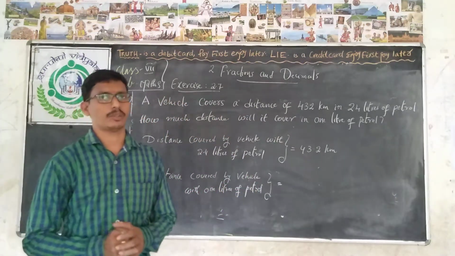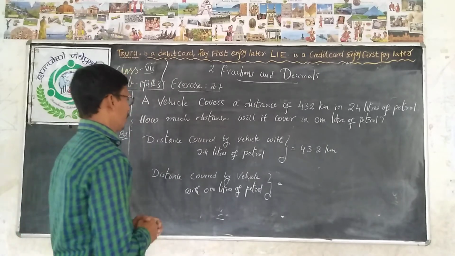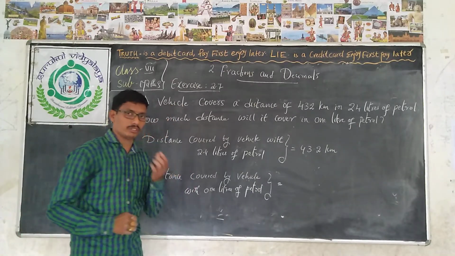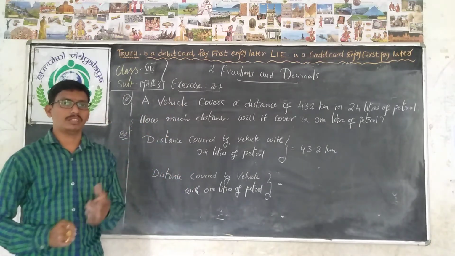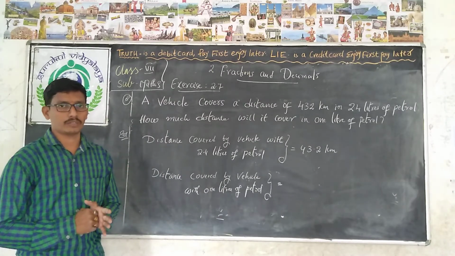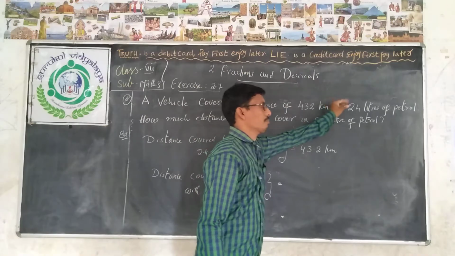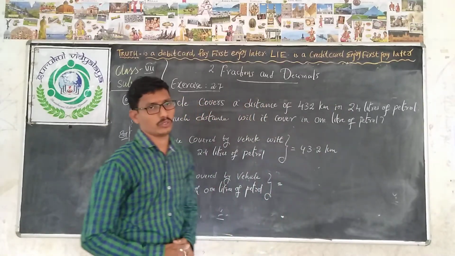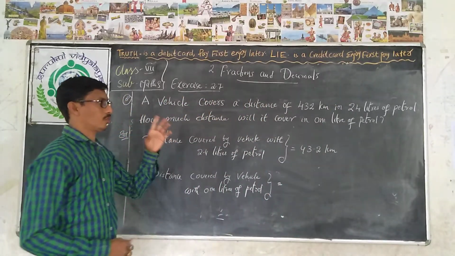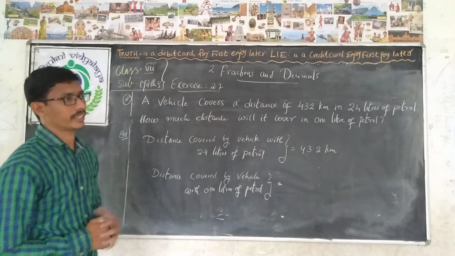It is a very easy problem. With a quantity of 1 liter of petrol, how much distance will be covered? That is what we have to find. Then it is very simple: total distance by total quantity of petrol. Just do the division.